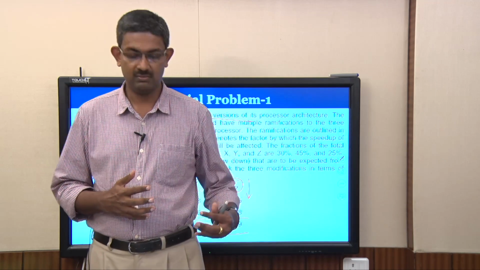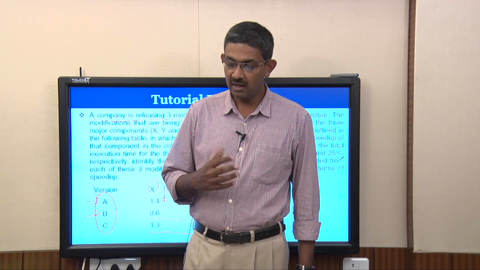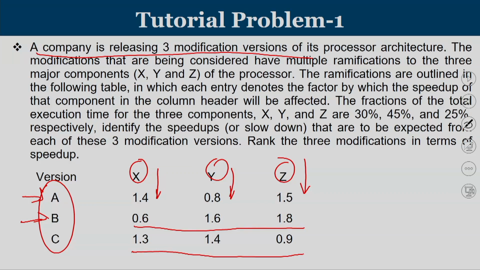Similarly, for version B and version C also appropriate changes are there. And it is already mentioned that for the fraction of usage of X, Y and Z, 30% of the code is going to work with X, 45% of the code is going to work with component Y and 25% of the code is going to work with component Z.